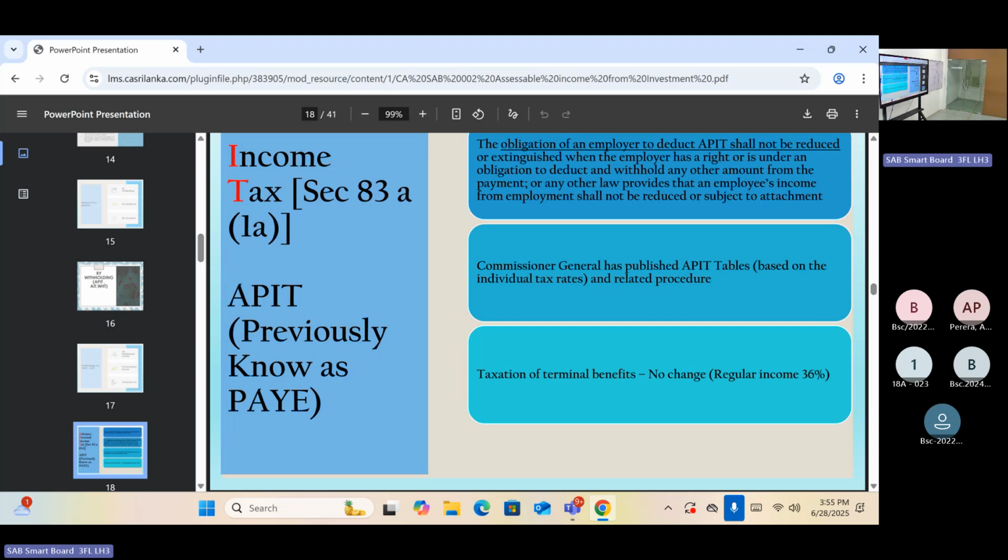Otherwise, we need to consider the market rate and recognize the benefit. If I am an employee of ABC company and I apply for a loan, the company gives me say 5 million at an interest rate of 2%. If I go to the bank, the interest rate could be say 10%, but I am paying 2%. The 8% is my benefit, not the loan. The loan I have to repay.